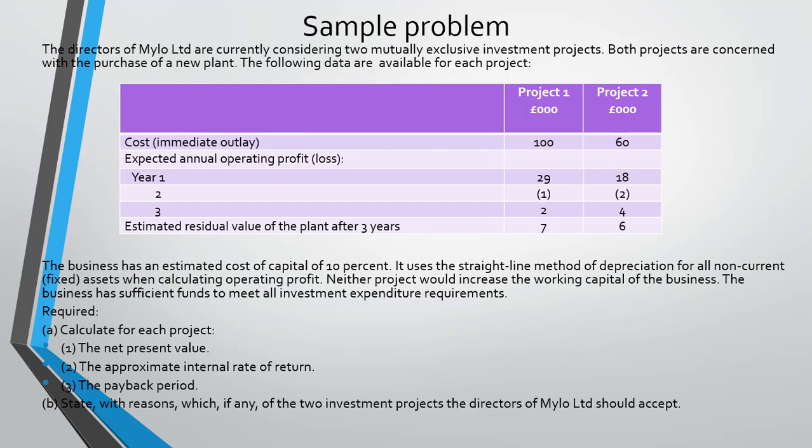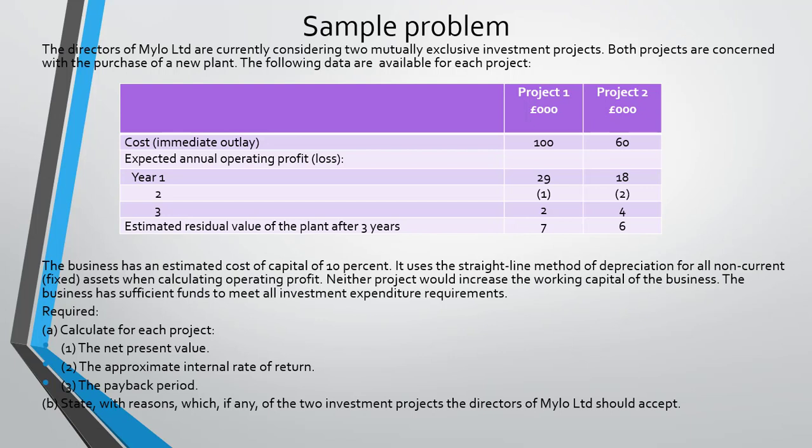In project 2 you have in year 1 18,000 pounds, then a loss of 2,000 pounds in the second year, and in the third year a profit of 4,000 pounds. At the end of the life of the plant, the residual value for project 1 will be 7,000 kina, while project 2 will be 6,000 kina.